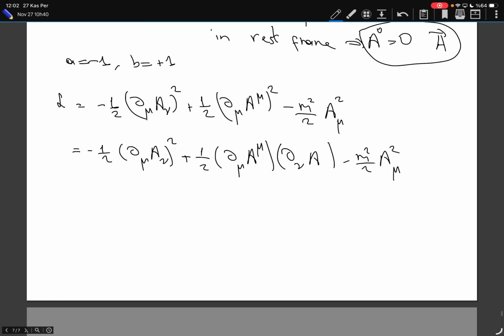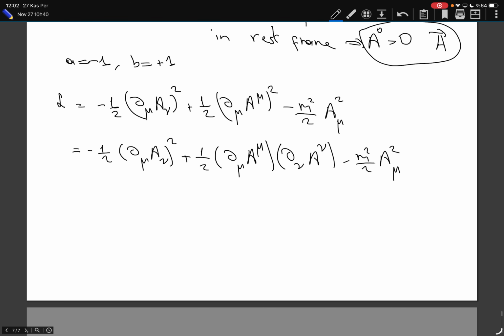No. You see, I don't have a gauge symmetry. We will discuss gauge symmetry later on. This theory is not a gauge theory. It doesn't have gauge symmetry. Massive particles are not gauge bosons. If you have a massive boson, it doesn't have gauge symmetry. Even with these electromagnetic potentials, I don't have any gauge symmetry here. Okay.